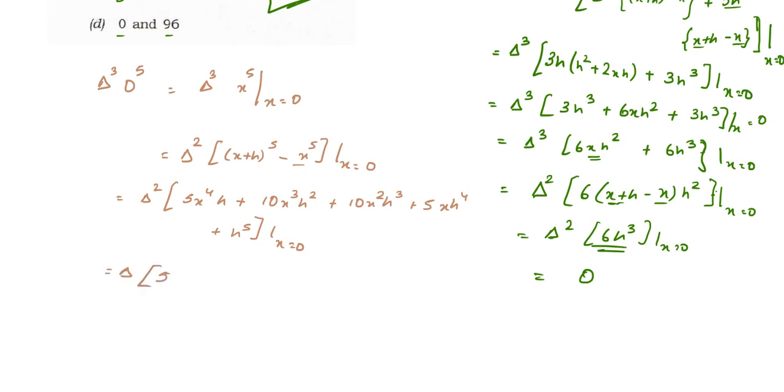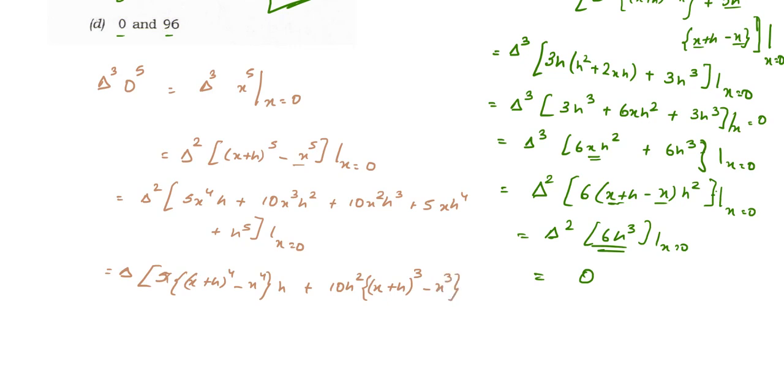So here we will have 5h times (x plus h) whole to the power 4 minus x to the power 4, plus 10h square. Again here we will have (x plus h) whole cube minus x cube.